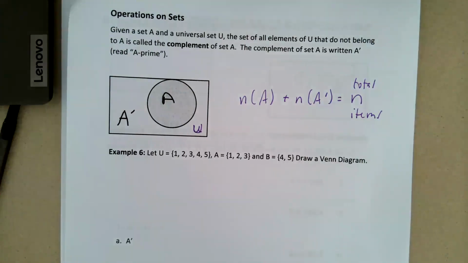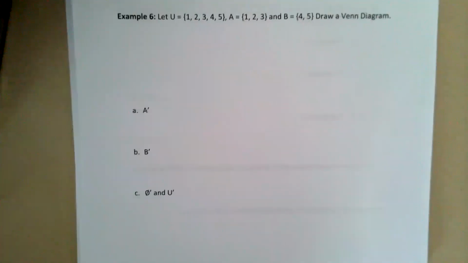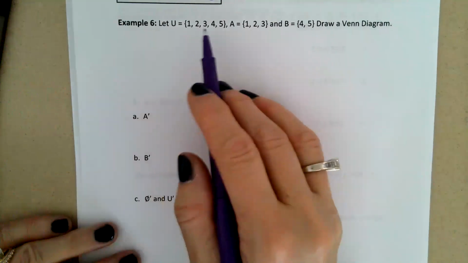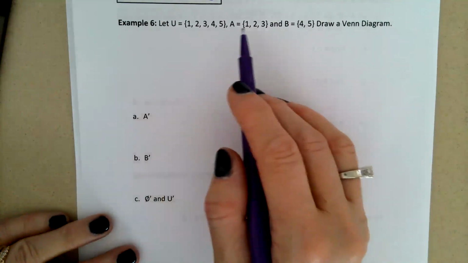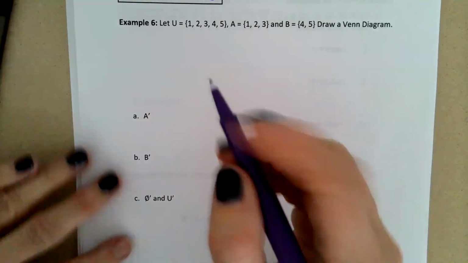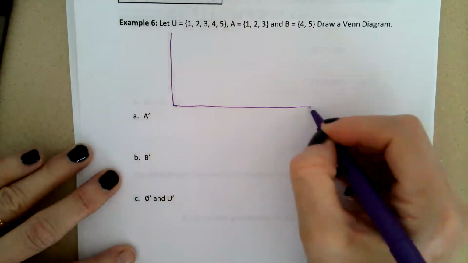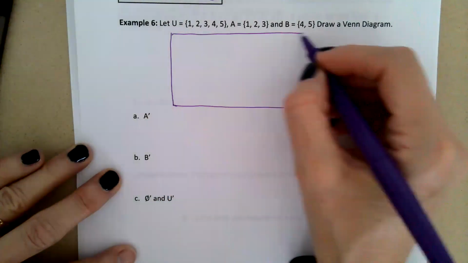So example 6 is giving us a couple sets and wants us to draw a Venn diagram. It says, let U be 1, 2, 3, 4, and 5. A is 1, 2, and 3, and B is 4 and 5. Draw a Venn diagram. So make one that's big enough because you want to have plenty of space to write.